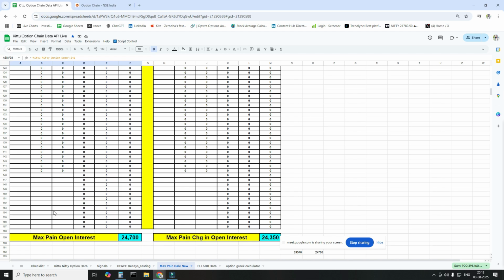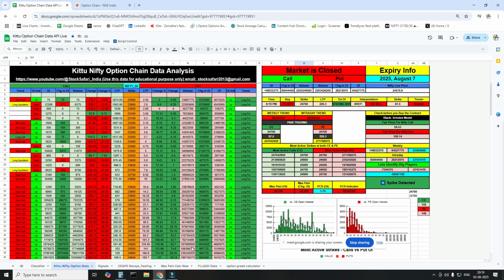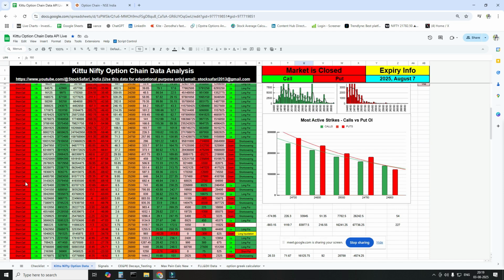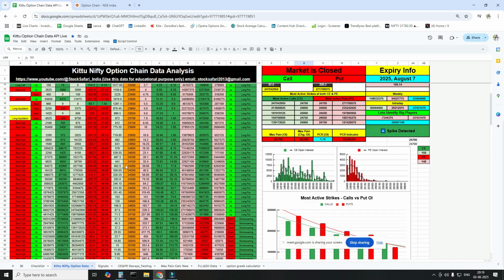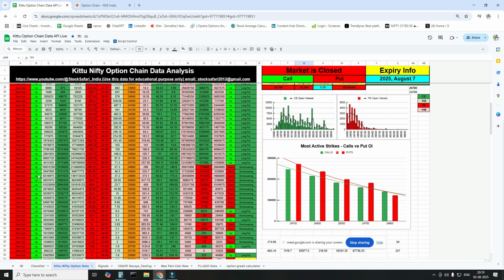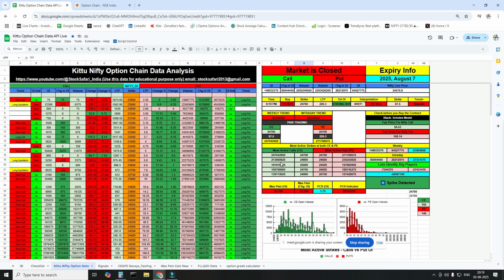On the call side, if you see the open interest, let's look at the call side now. The present price is 24,570. We can see a lot of contracts have been built at 24,750 and 24,900.